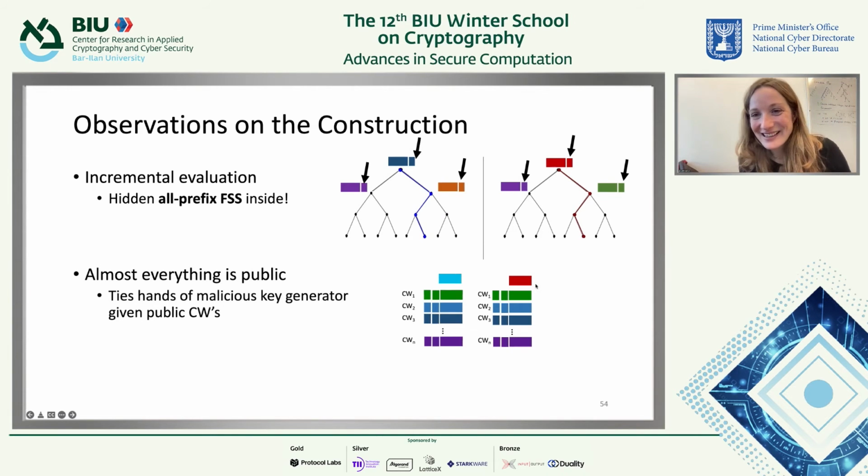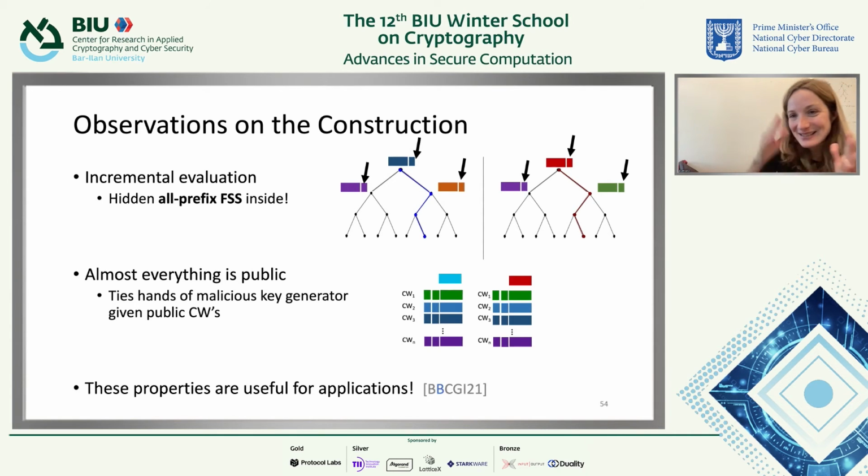This is interesting on its own, but something we've observed more recently, and these 2 properties came up explicitly in this work joint with Dan and Henry, together with me and Niva, on private heavy hitters, is that these properties can be leveraged and are useful for applications.